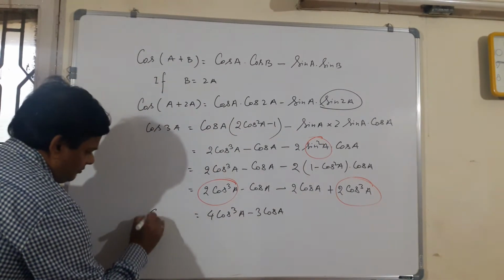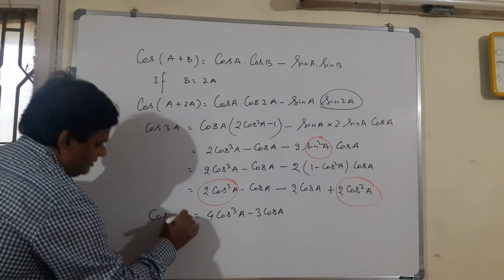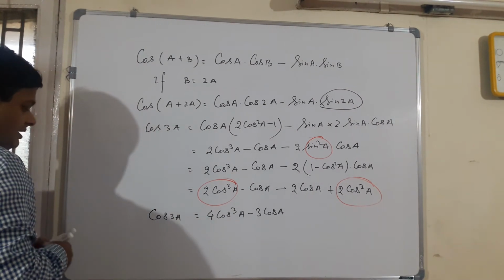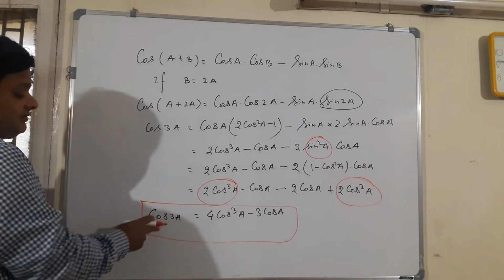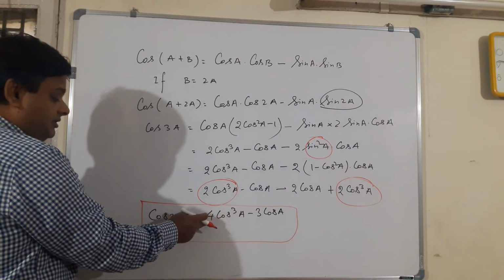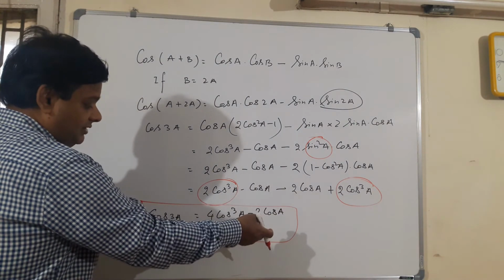So this is the formula of cos 3a. You have to keep this formula in mind. In sin 3a, we had 3 sin a minus 4 sin cube a.